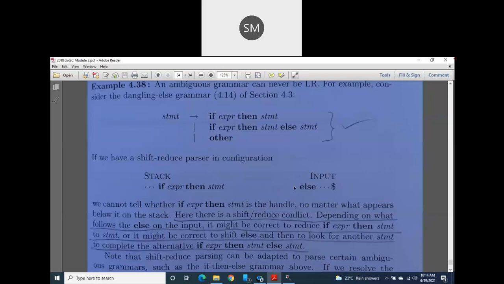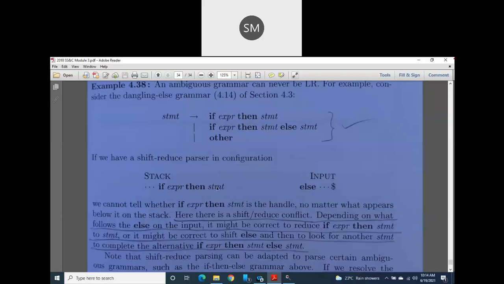So you just push the next input, that is expression. Again you are not able to take a decision, so you push the next input, that is then. After that again you are not able to take a decision because up to here both of those productions have the same inputs. Then you shift statement.